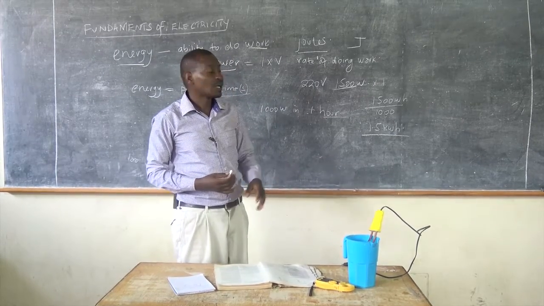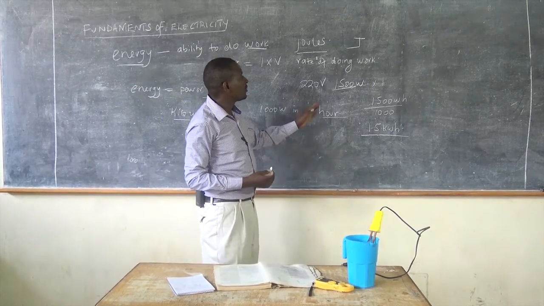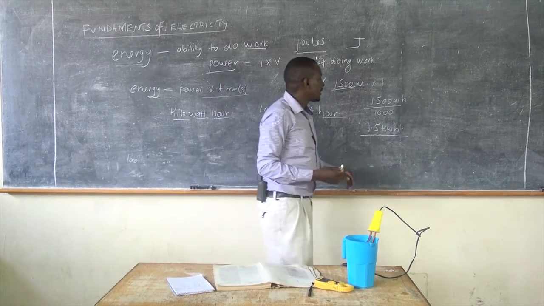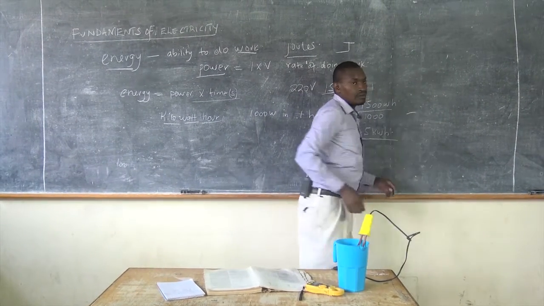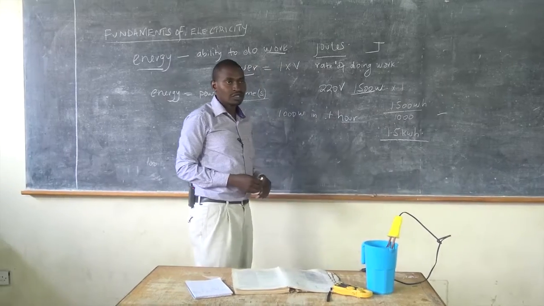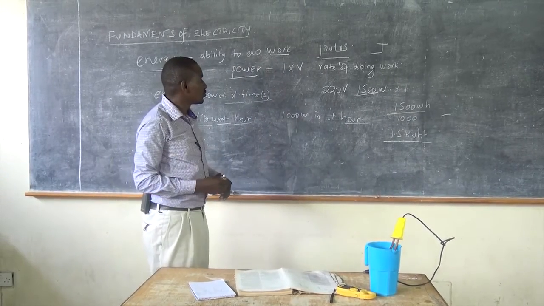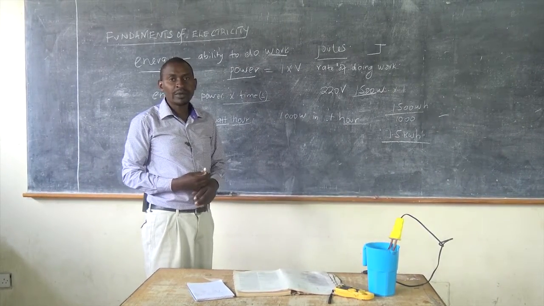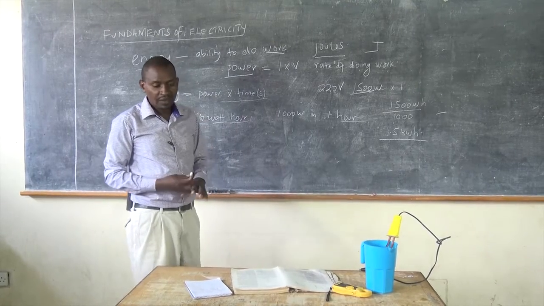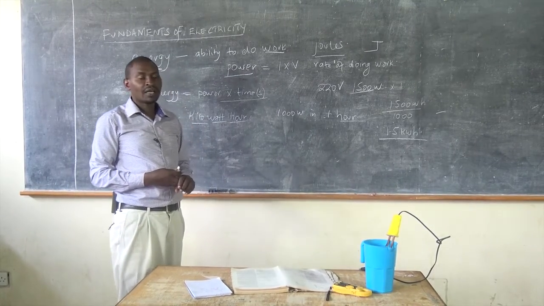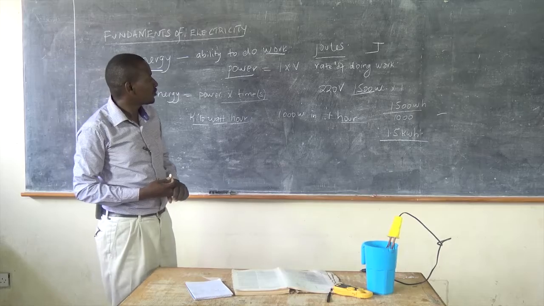By that, we will have calculated and can ascertain the amount of energy needed to boil water, because we must be aware of the amount of energy that we are using, because of course energy is expensive.